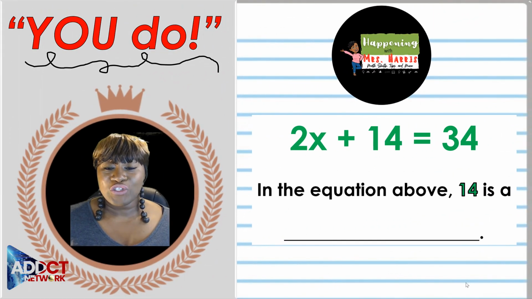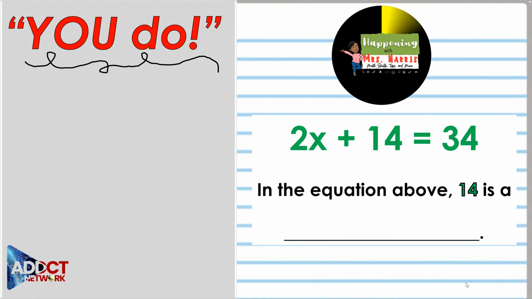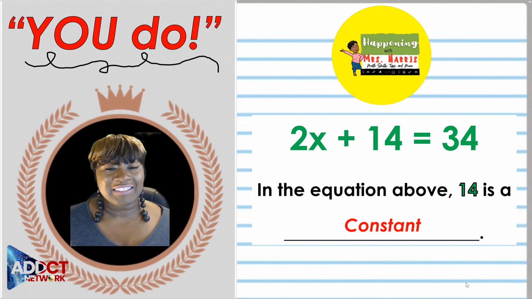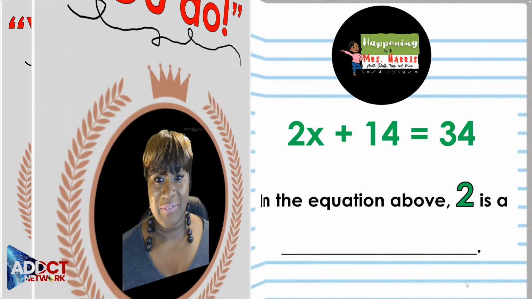First question, 2x plus 14 equals 34. In the equation above, 14 is a... 14 is a constant. Did you guess it? Great job.